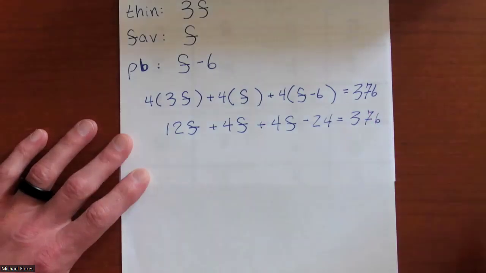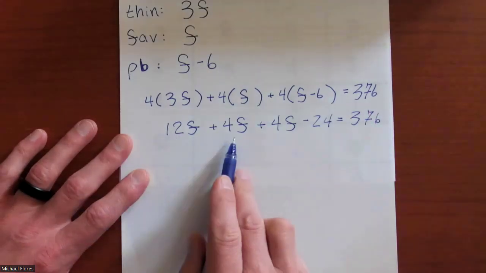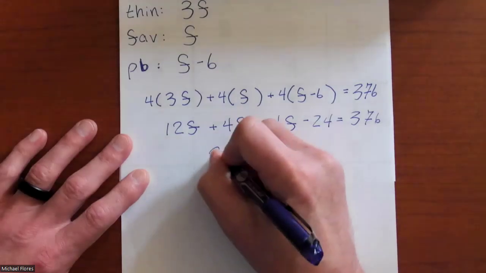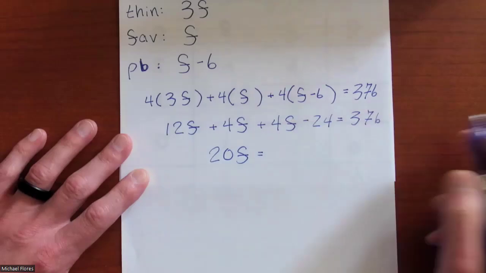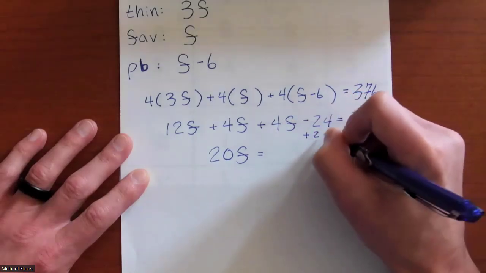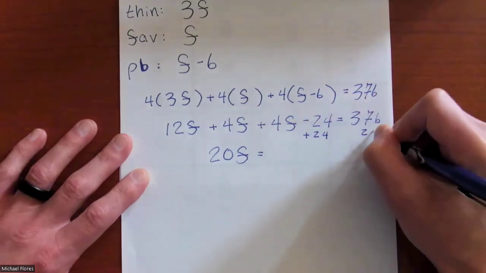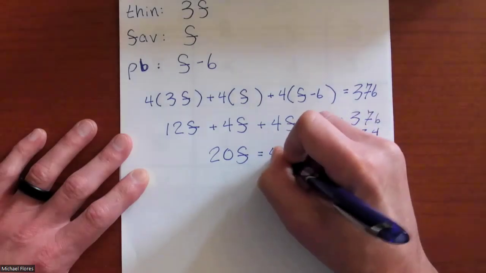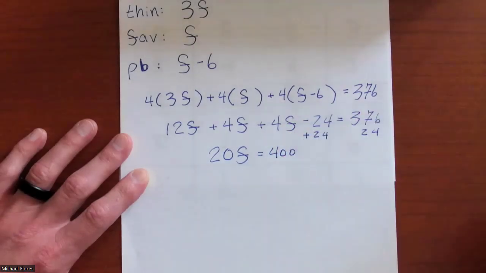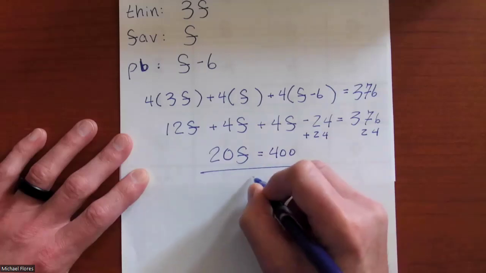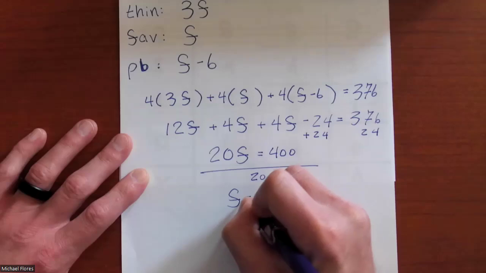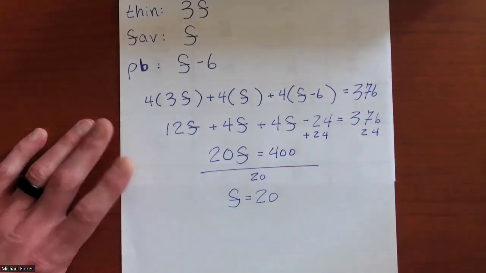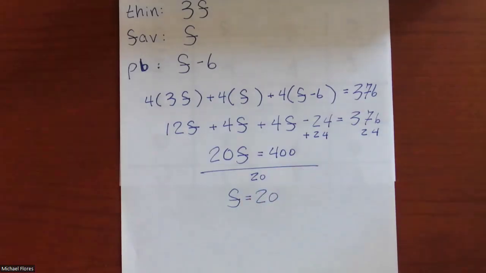And now combining like terms, 12s plus 4s plus 4s, that's 20s. And set that equal to, let's add 24 to both sides. That's going to give us 400. Now, if you divide both sides by 20, we will find that S equals 20.